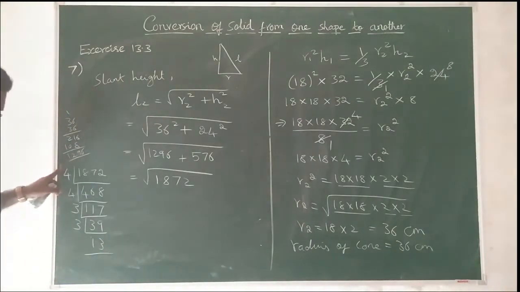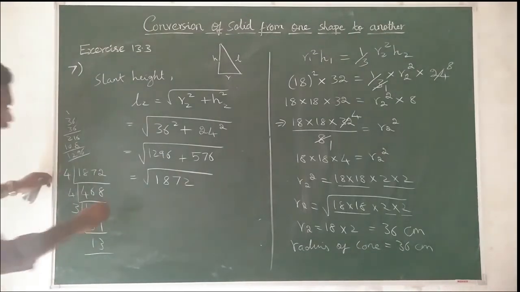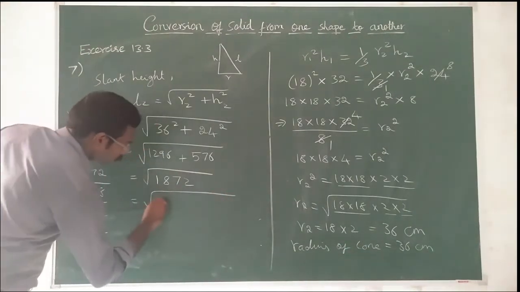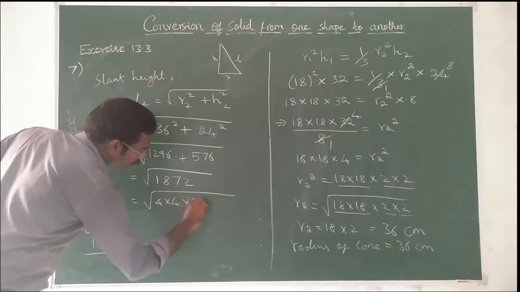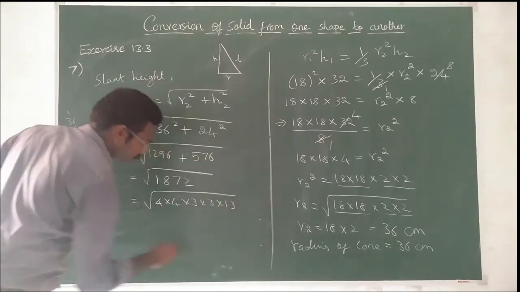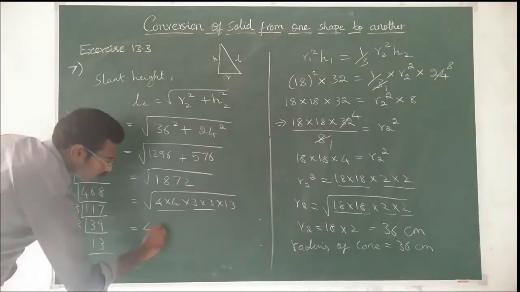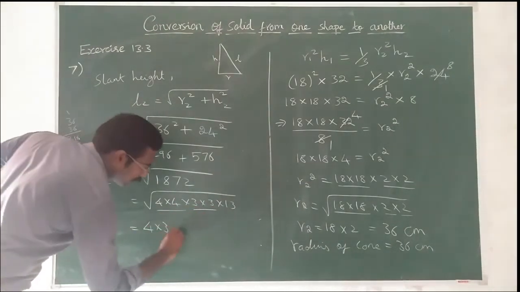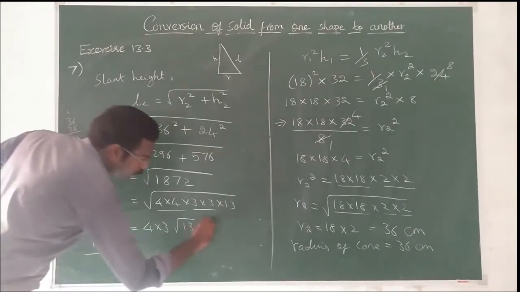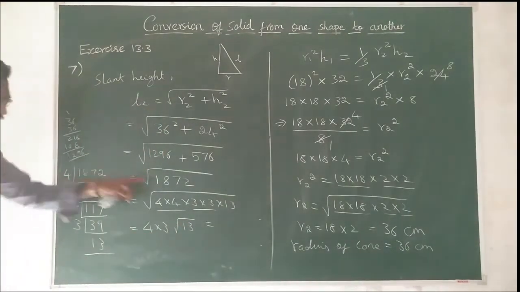So you have got 4 into 4, 3 into 3, 13. That is equal to 4 into 4 into 3 into 3 into 13. So 2 4s, 2 3s, I am taking this outside: 4 into 3. Inside only one 13 is there. It's easy, isn't it?